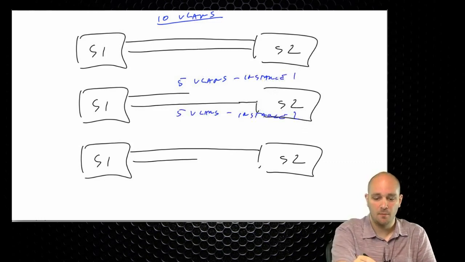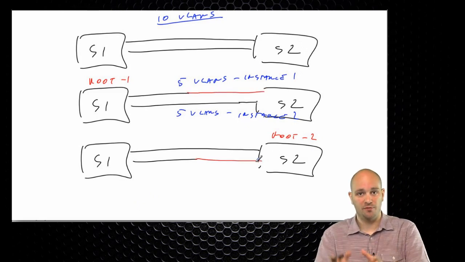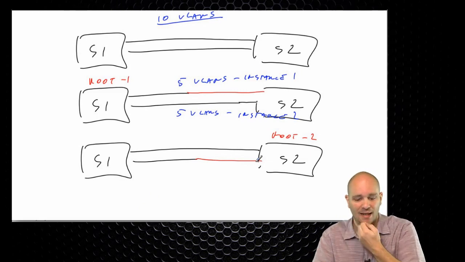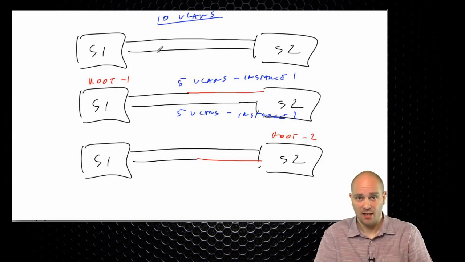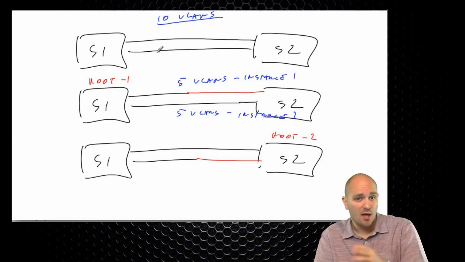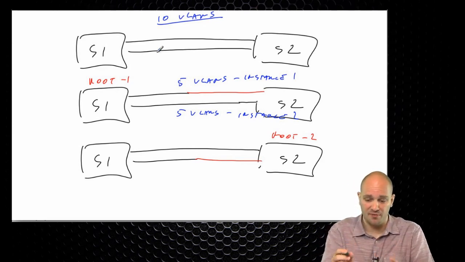That means that if we create this as the root for instance 1 and this as the root for instance 2, we are effectively going to be using both links in our topology, with 5 VLANs using one link and 5 VLANs using the other link. So we don't create 10 instances like we did with per VLAN spanning tree, but we create only 2 instances that we need.